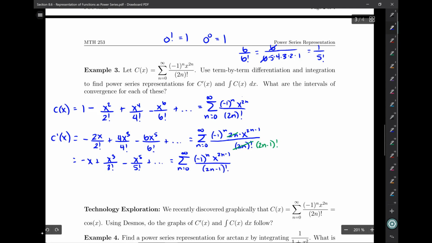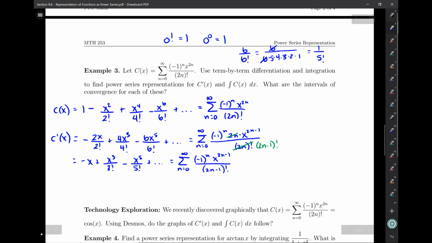So it'd be x to the 2n minus 1 over 2n minus 1 factorial. Now I like to make sure that when I plug in 0 for n, that I end up getting what I would expect to get. And notice in this case I don't, because if I plug in 0 for n, I actually get x to the negative 1 and then negative 1 factorial, which is no good, right? We can't factorial a negative number, and then I definitely don't want a 1 over x, which would be x to the negative 1.